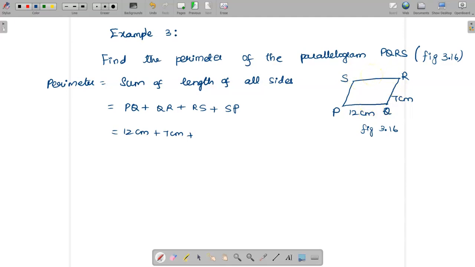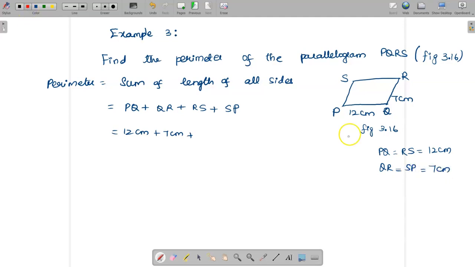Previously we know that the opposite sides are the same, right? Opposite sides are equal. So PQ is equal to RS, which is equal to 12 centimeters. Similarly, opposite sides QR is equal to SP is equal to 7 centimeters. Why?